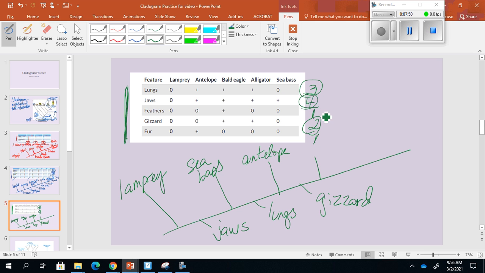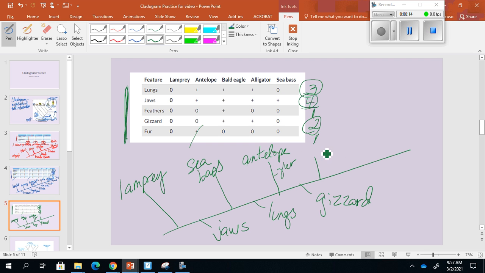And then next I need to decide, what do I have left here? I've got feathers and fur. Fur I already used for the antelope, so I could put fur right here if I had to use everything.